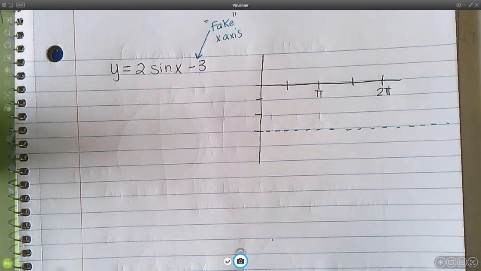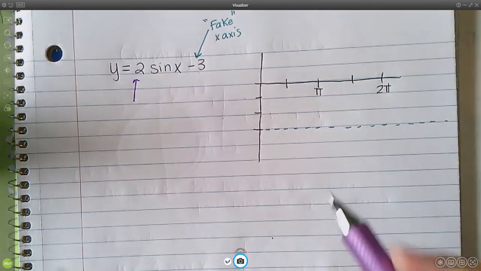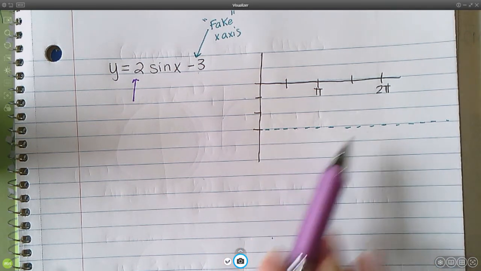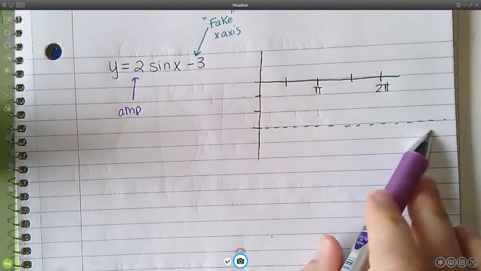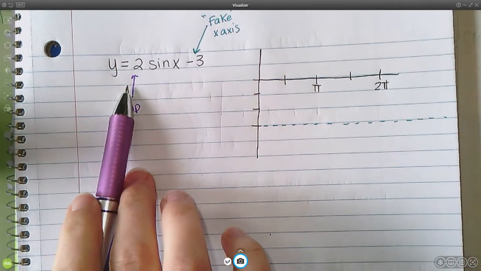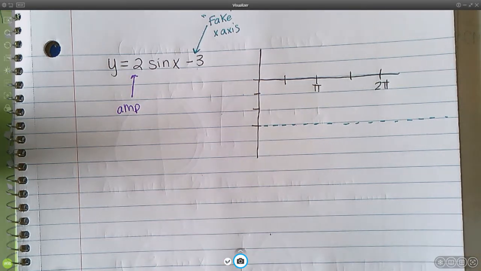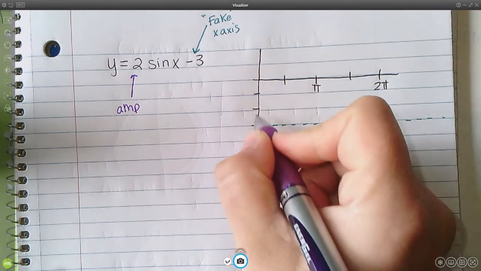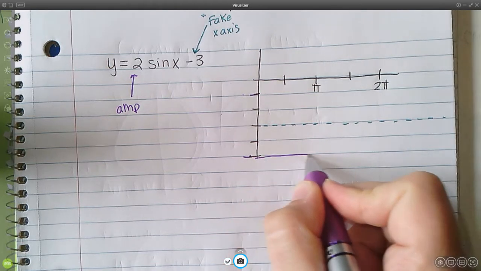Then you look at your amplitude. From our fake x-axis, we're going to go up 2, because this is a 2, and we're going to go down 2. So up 2 would be here, down 2 would be here, and then I like to draw those lines in.